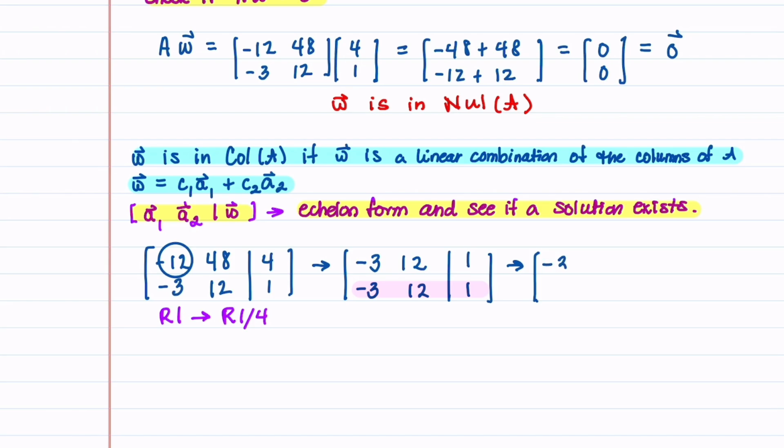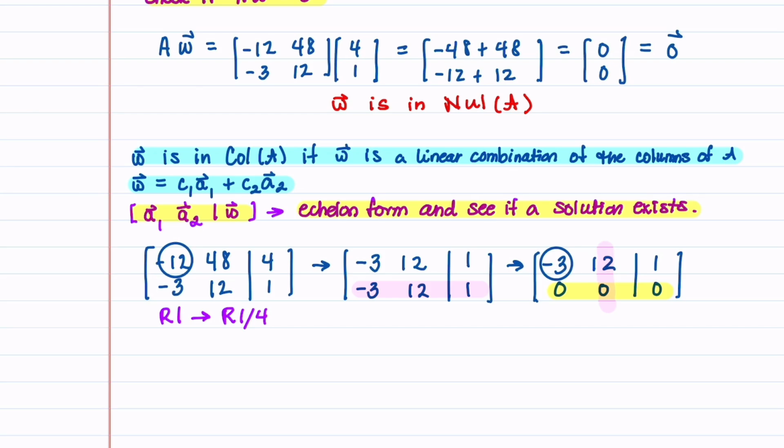This becomes minus 3, 12, 1, and then our second row, all the entries are equal to 0. So let's circle our pivot. We have one pivot, and then we have a row of all zeros, and we have a column that's missing a pivot.